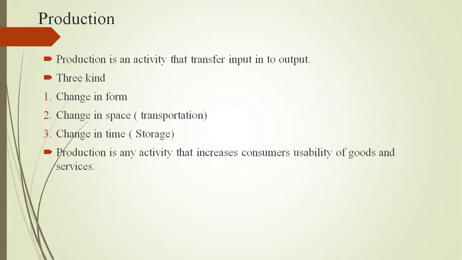So we all know what production is, meaning converting input into output. It is an activity that transforms input into output. That input could be anything, it depends on what kind of product we are manufacturing. Like if we are producing paper, what could be the input? The wood. It could be the input, and output will be paper.